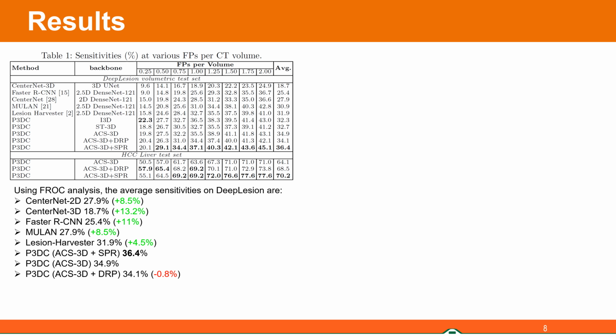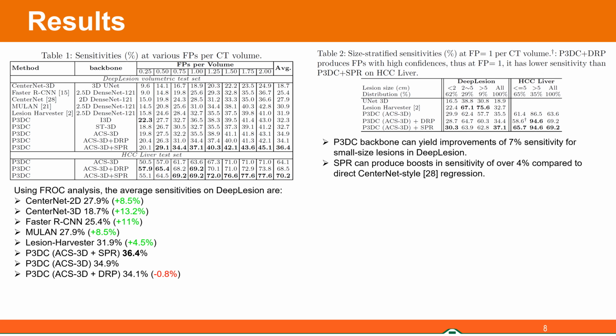While these results demonstrate the value of our pseudo 3D convolution backbone and the surface point regression, even more convincing conclusions can be drawn when analyzing performance based on lesion size. Our pseudo 3D convolution backbone can yield improvements of 7% sensitivity for small size lesions in DeepLesion.